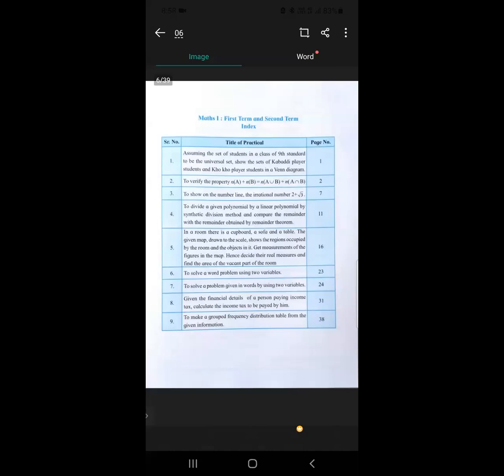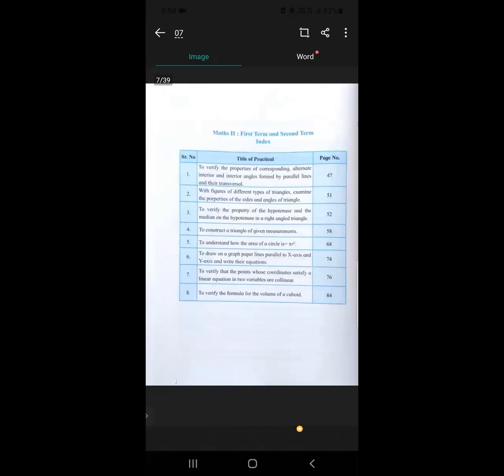So this is the index part, and here you can see that there are 9 practicals. And as you know from your syllabus, financial planning and the last part, that is statistics, have been cancelled for this year. So based on the topics that are there for this year only, we are going to do the practicals.